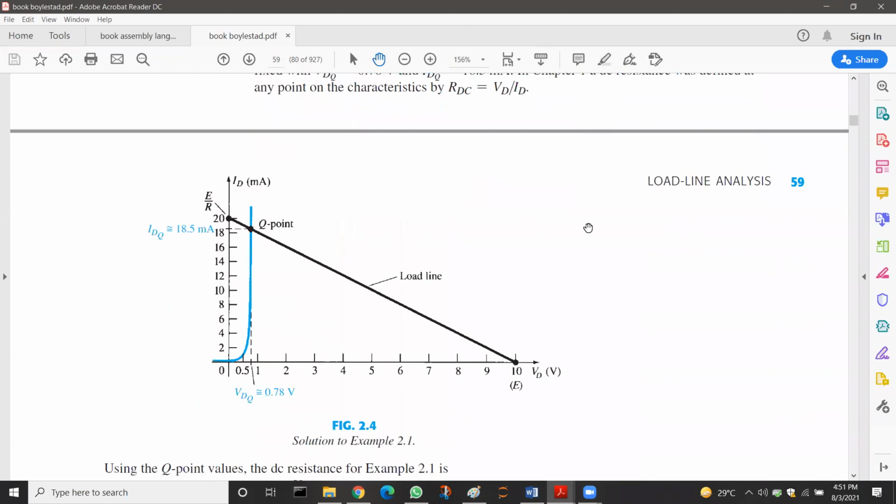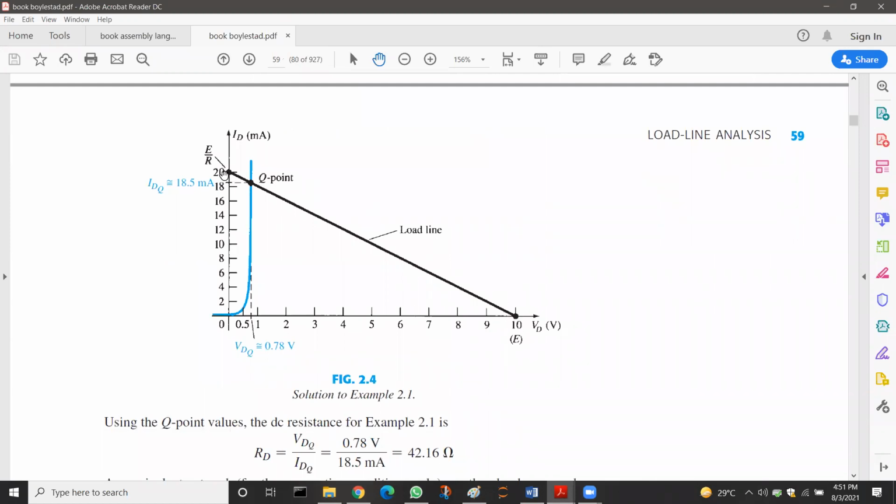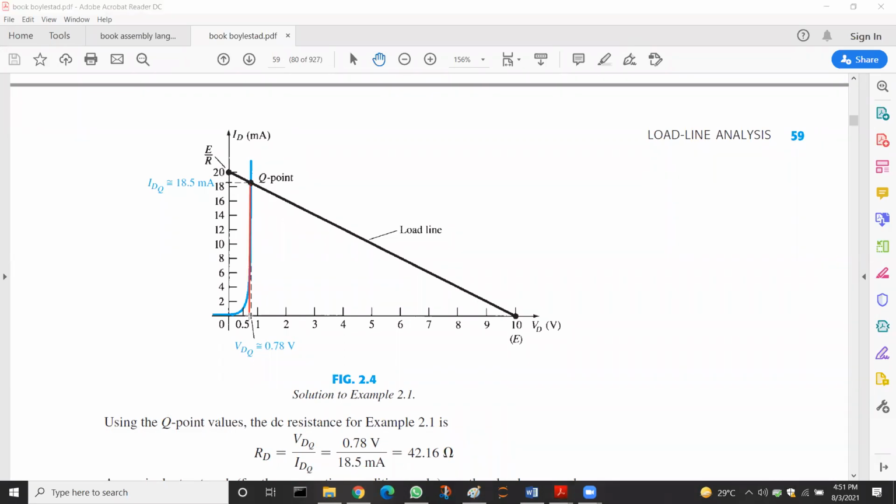So we mark these points on the graph and draw a line. After drawing that line, we determine what is on the x-axis and what is on the y-axis. So we get the value of VDQ as 0.78 volts, and the value of IDQ as 0.5 milliamperes by the graphical method, as given in this example.